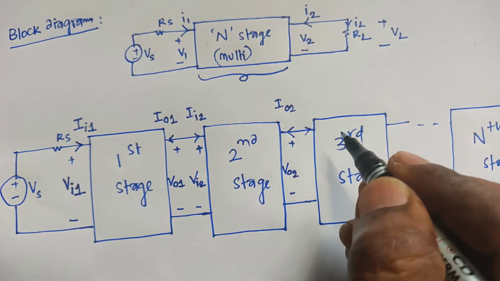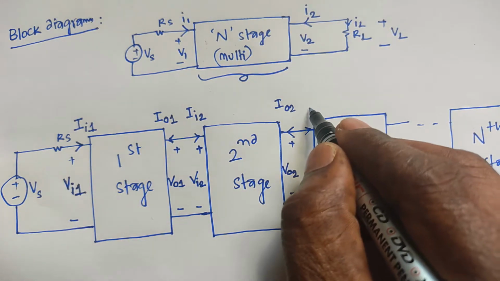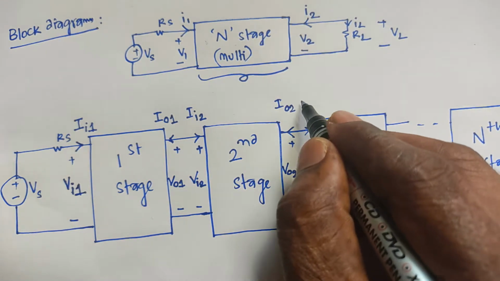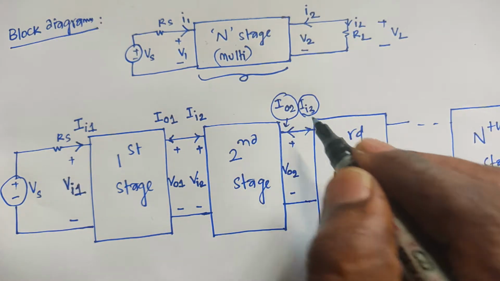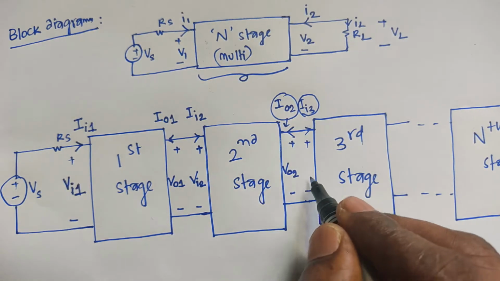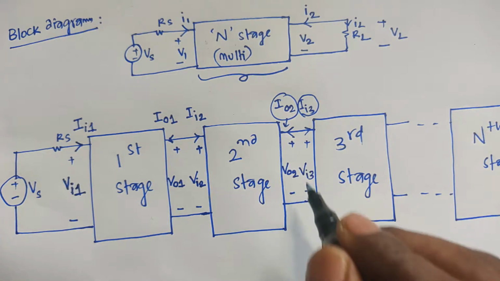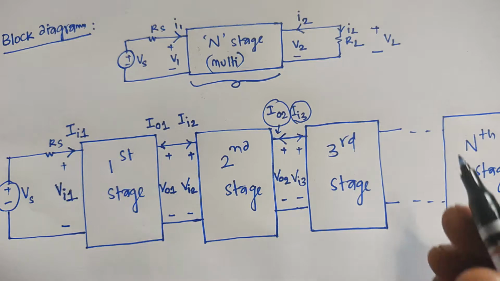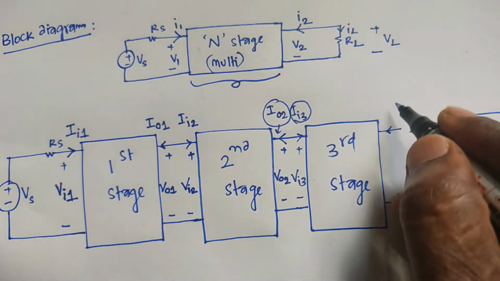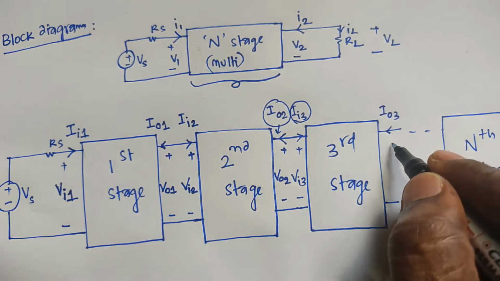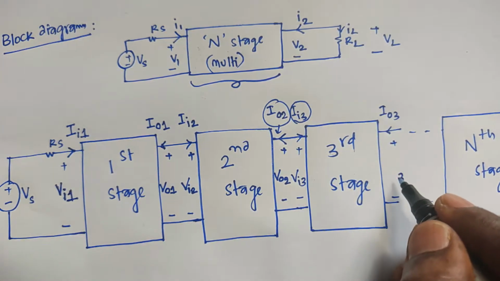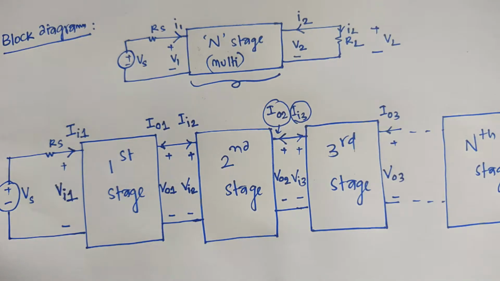Here incoming is the third stage input current and the third stage input voltage. At the end of this is the third stage output current and the third stage output voltage.